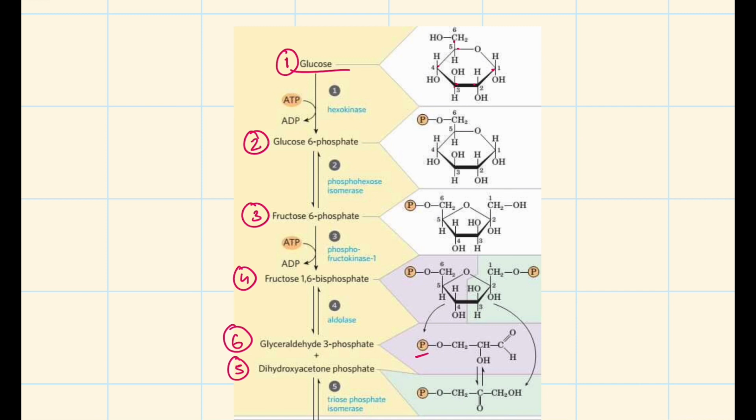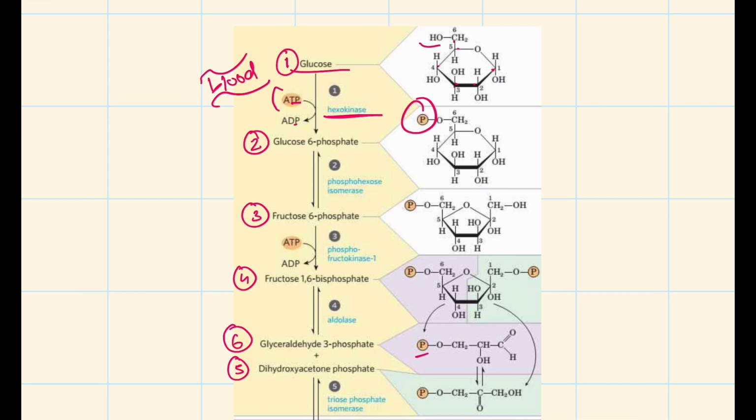The 6-carbon sugar is able to move freely in and out of cells, and it's able to travel freely in the blood. So we need to figure out a way in which we can trap this glucose molecule within a cell, because glycolysis takes place within a cell. How do we do that? We do that by phosphorylating the glucose with a phosphate group from ATP, and this is done by the enzyme hexokinase.